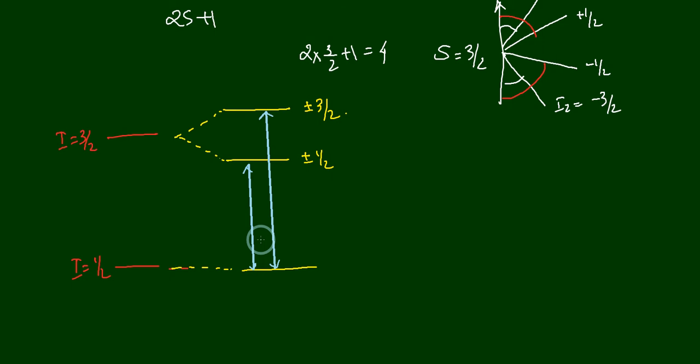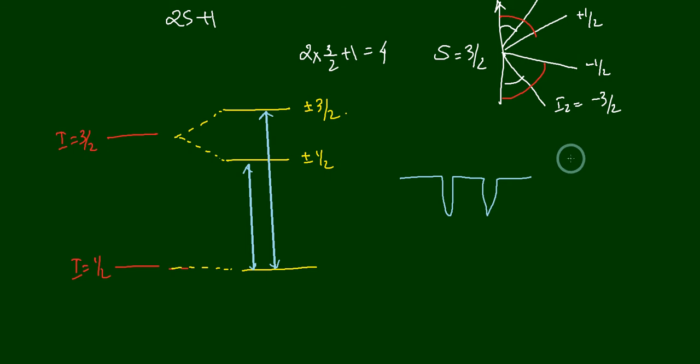So if you are considering the Mossbauer spectrum of the iron nucleus in an electric field, then instead of seeing one band, we should see two like this.